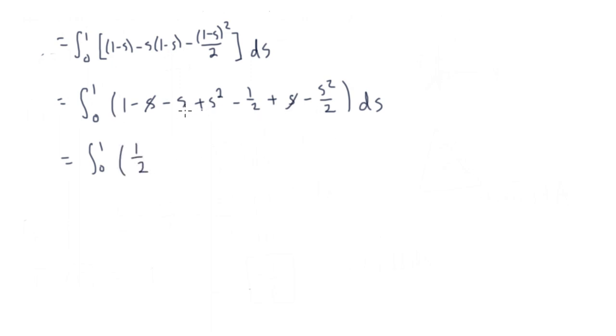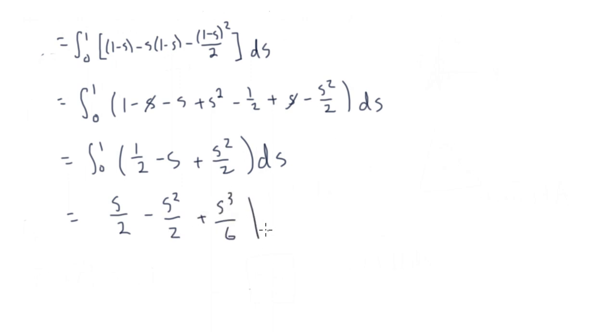We have minus s, and then s squared minus s squared over 2. That's going to be plus s squared over 2 ds. And then we'll take an antiderivative. We have s over 2 minus s squared over 2 plus s cubed over 6, evaluated from 0 to 1. So it's 1/2 minus 1/2 plus a 1/6, which is 1/6.